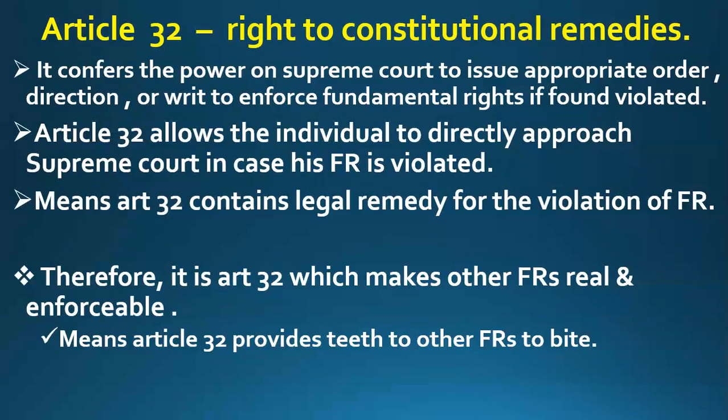Then a person can only file a legal case in the subordinate court. But if the fundamental right of any person is violated, then the person can directly file a case in the Supreme Court. Then the Supreme Court will give relief to that person.